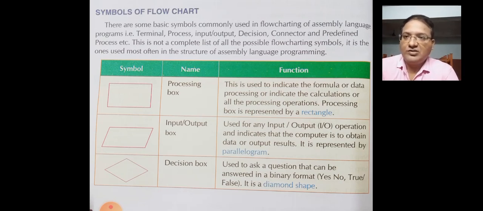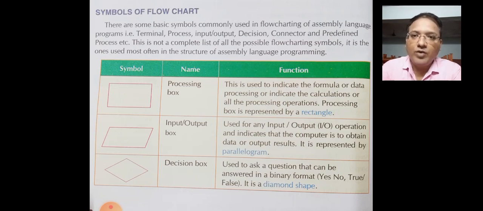So the first symbol is the processing box. How is it shaped? Like a rectangle. This is used to indicate the formula or data processing, or to indicate the calculation or any processing operation.